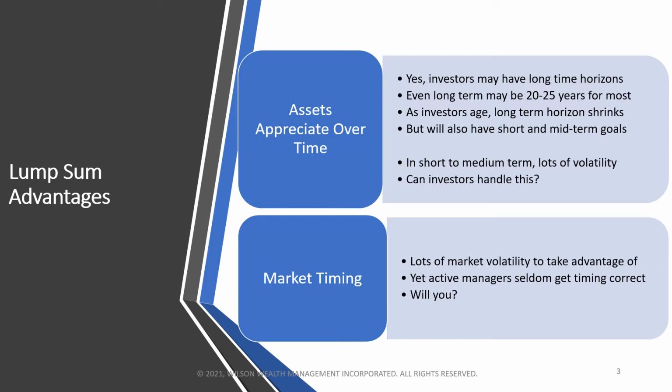One of the problems, though, is that when we talked about financial objectives as part of the investor profile, I mentioned that all investors will have short, medium, and long-term goals. I want to buy a house in 2 years. That's a short-term financial objective.